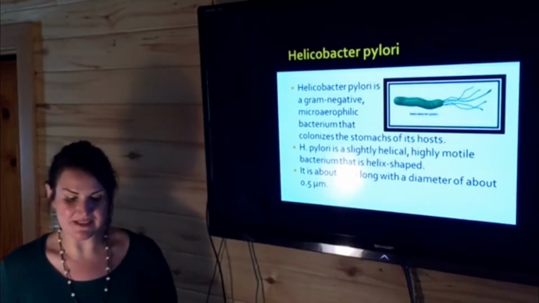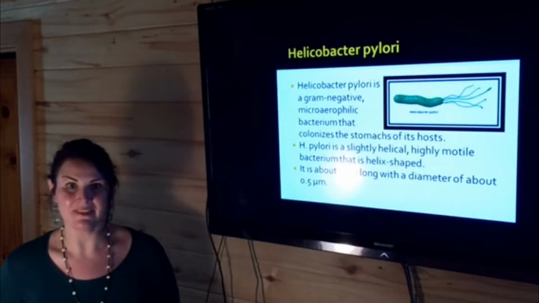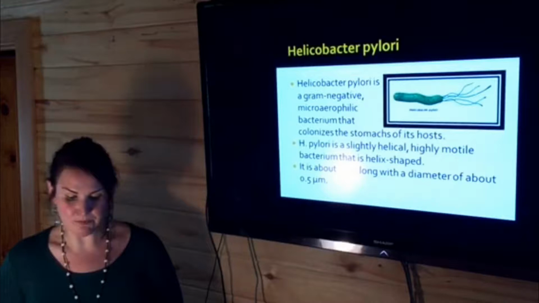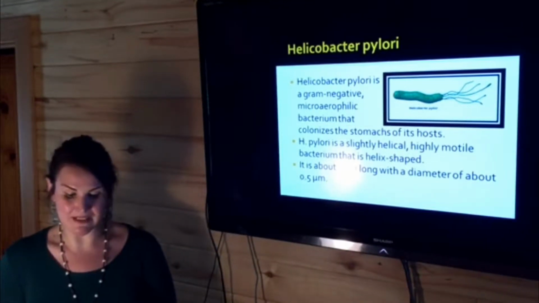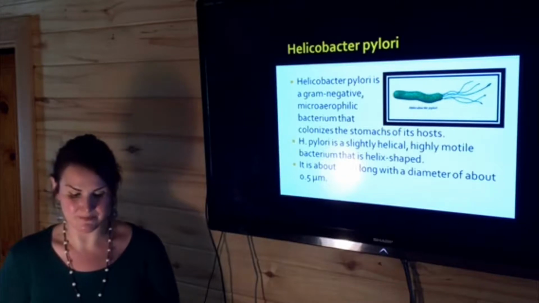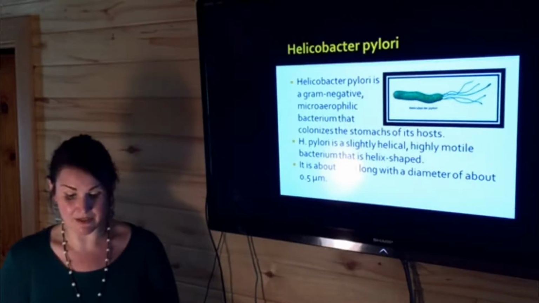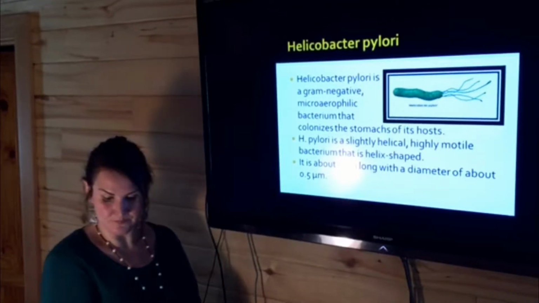Helicobacter pylori is a gram-negative microaerophilic bacterium that colonizes the stomachs of its hosts. H. pylori is a slightly helical, highly motile, helix-shaped bacterium. It is about 3 micrometers long with a diameter of about 0.5 micrometers.